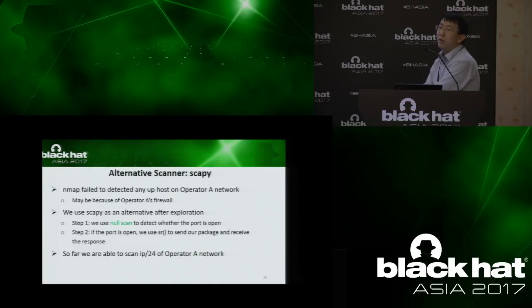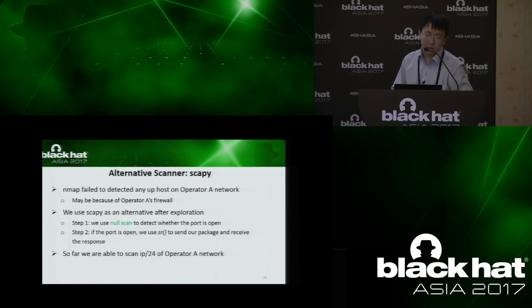Just now I mentioned that in operator A we got blocked, so we use an alternative scanner called Scapy. The reason we got blocked when using Nmap, we guess, is because of a firewall or IDS in operator A. But later we used Scapy to solve that problem. In Scapy we use a two-step scanning.